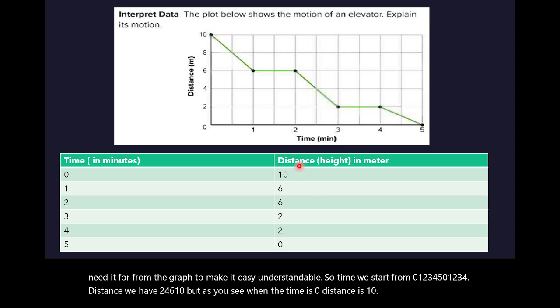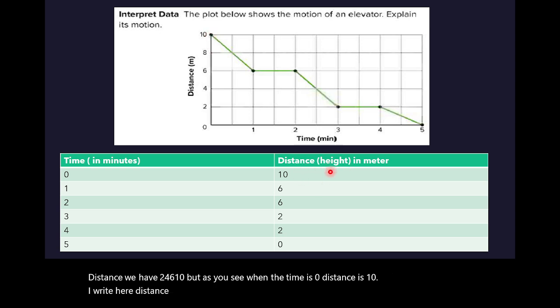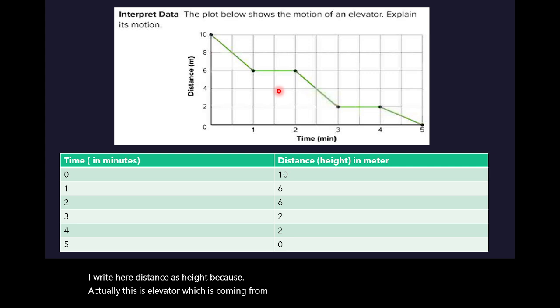I write distance here as height because this is actually an elevator which is coming down. When we started the stopwatch, it was at 10 meter height, and you can see 10 meter at 0 minute.